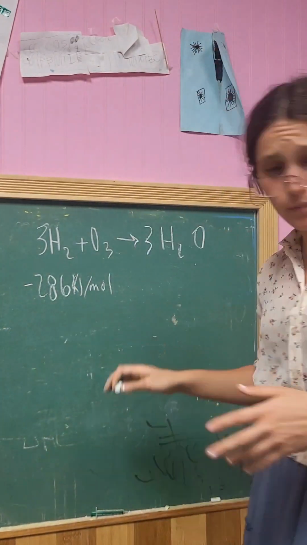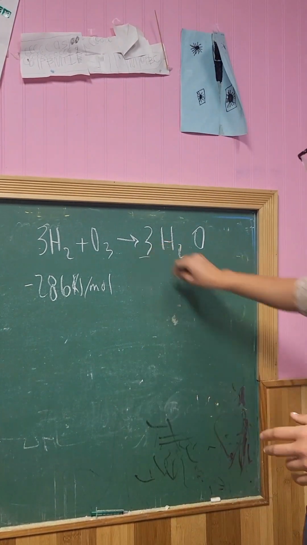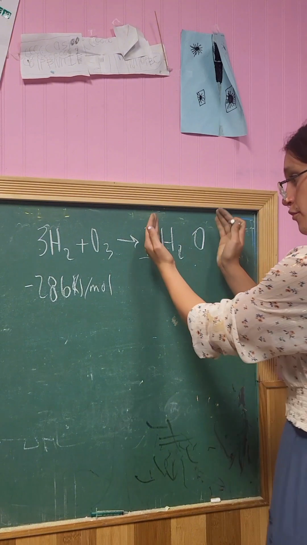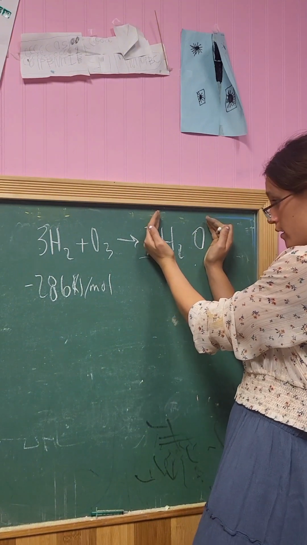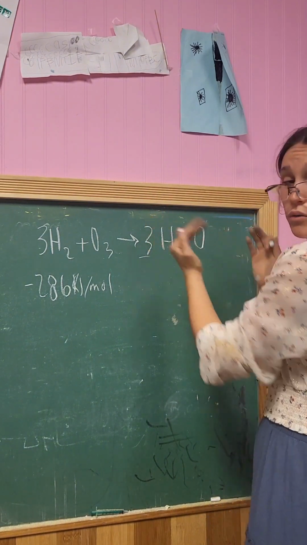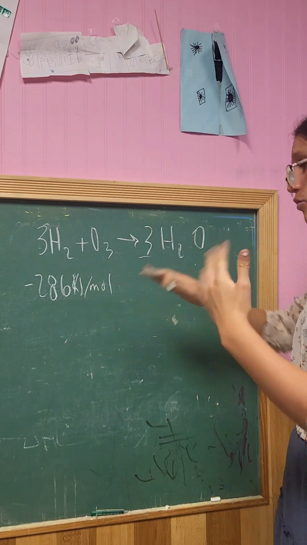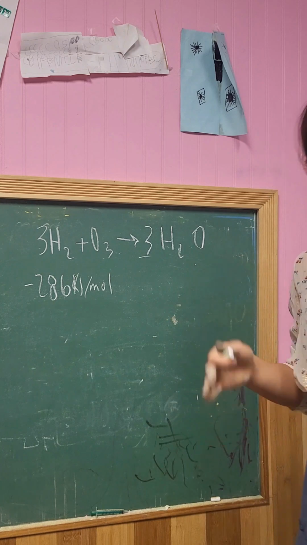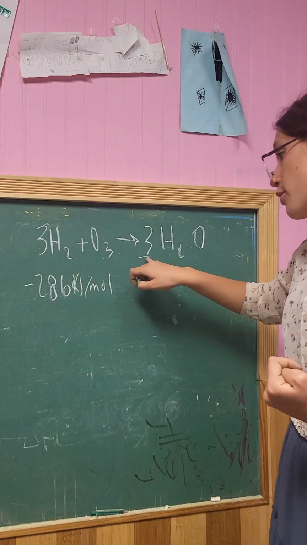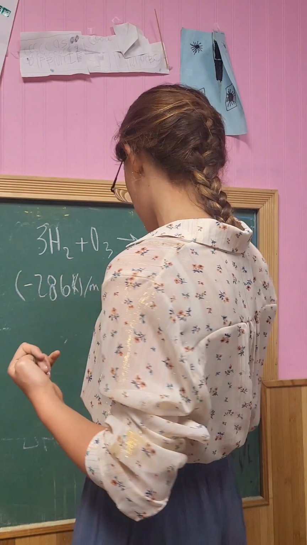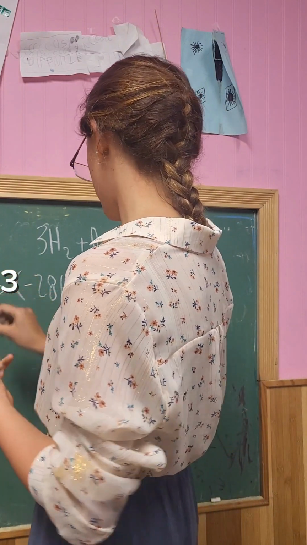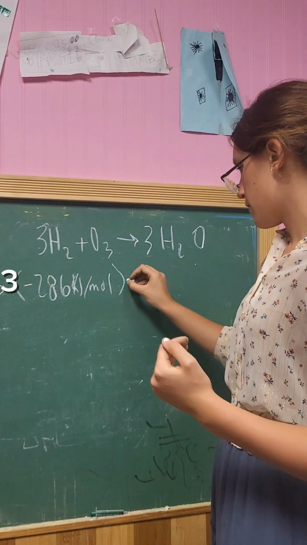All right. Now, notice our coefficient is 3. For just one water, the total is negative 286. However, there are 3. So we're going to multiply that total by 3. So multiply by our coefficient.